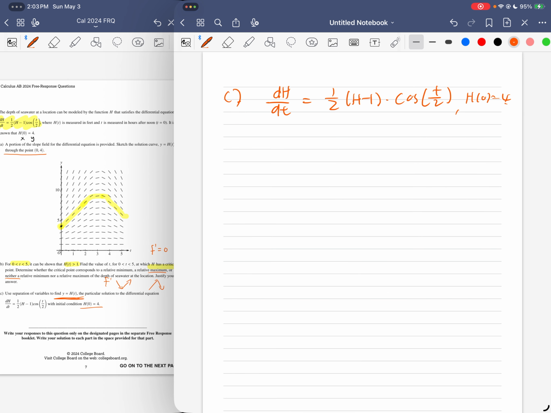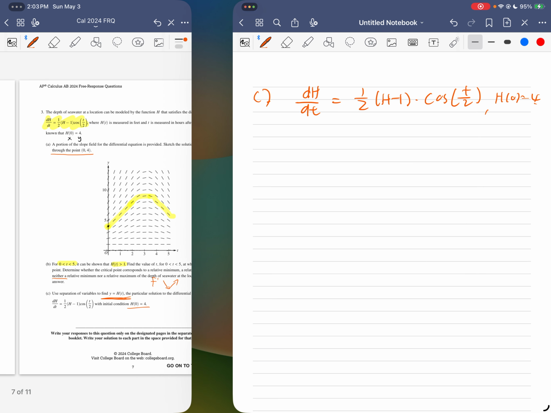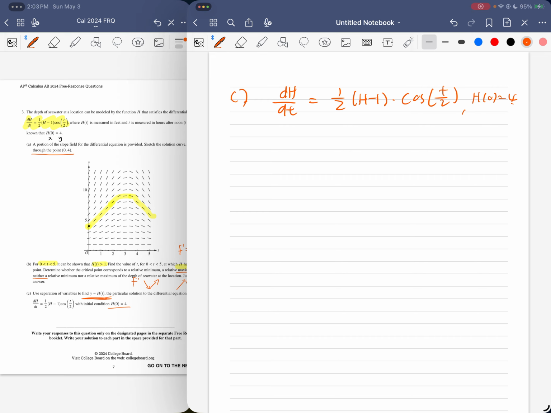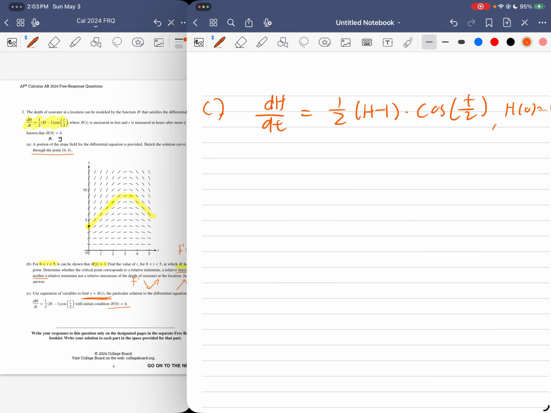First, do you see this dh and h? That should go together, and t should go together. So first, let me move this one to here. Divide by h minus 1, multiply by 1 over h minus 1, and this one times dt.